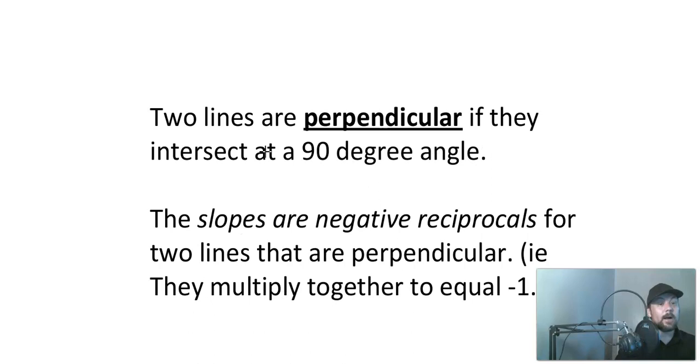For perpendicular lines, those are two lines that intersect at a 90-degree angle. Something I like to ask every semester when we talk about parallel and perpendicular is, we'll talk about parallel, everybody's good with that. Most people seem to already know all the details. Like, they're lines that never intersect, the slopes will be the same. Everybody's good with that. Then before I put it on the screen, I say, so what are perpendicular lines?